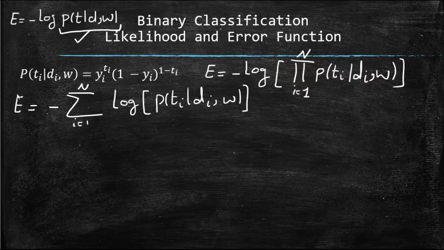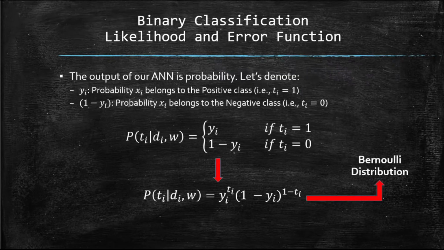Now, the next step is, previously for regression we assumed a Gaussian distribution on the individual likelihood, right? But now we're going to assume the Bernoulli distribution that we talked about before, this one right here. So for individual ground truths, we're going to assume this particular likelihood distribution.